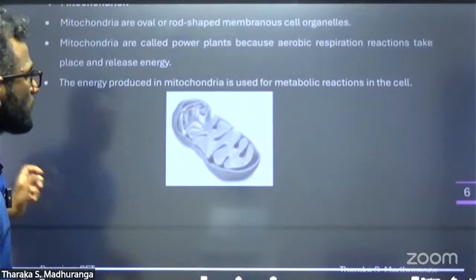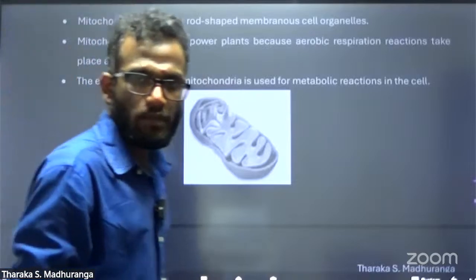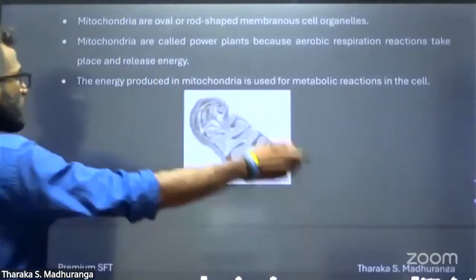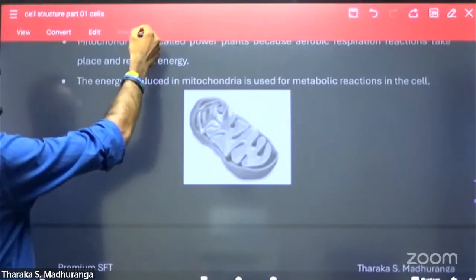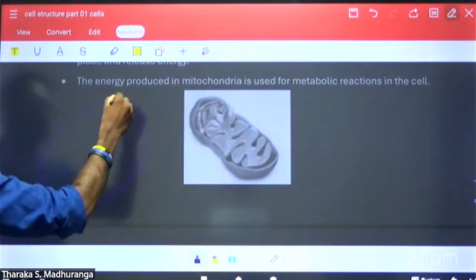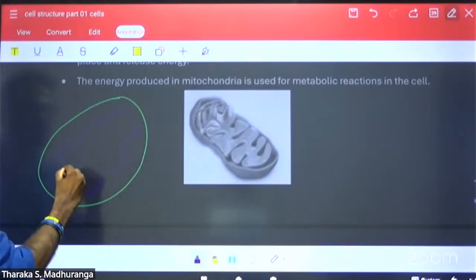Do you know the structure of the mitochondria? Its shape is like this. It has two membranes. The outer surface is like this, and the inner surface is like this.